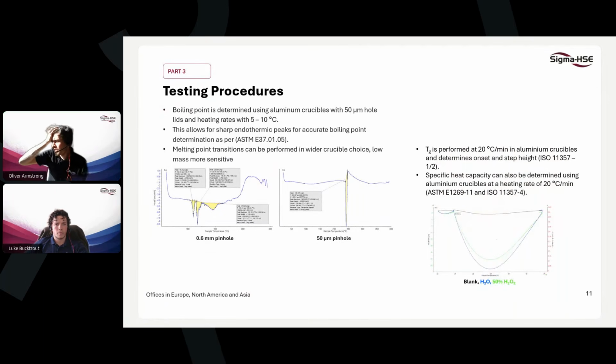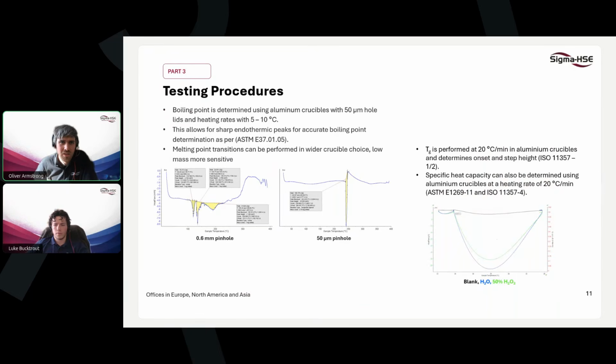Great, thanks. And like I say, we'll go into a little more detail on some of the methods, because there are lots of methods to choose from for DSC testing, but specifically to look at some of the thermophysical properties that we've outlined here in this talk.